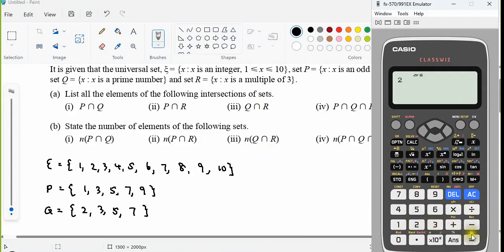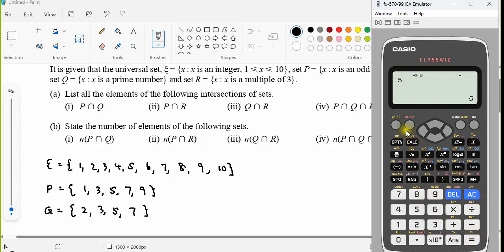If we have a 2 here, then we press shift factor, it is still 2, and then 3 equals, the calculator still shows 3, then this is a prime number. But if we have a 4 here and we do shift factor, it shows something else, 2. That means 4 is divisible by 2: 1, 2, 4. So this is not a prime number.